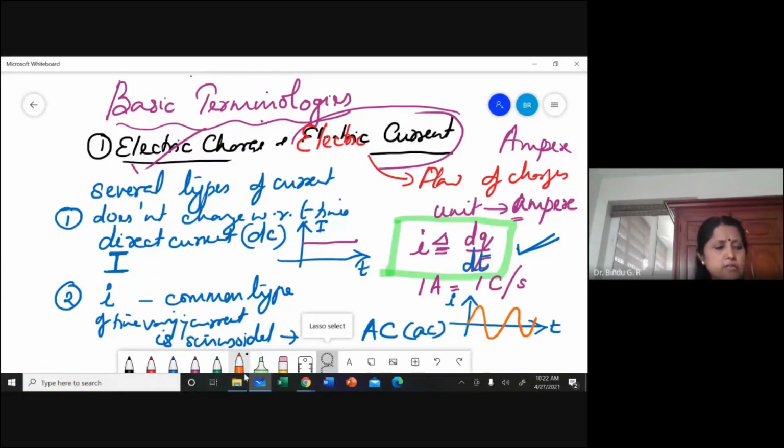Our battery is a source for DC, and generators that they come up. All these things you'll learn later.